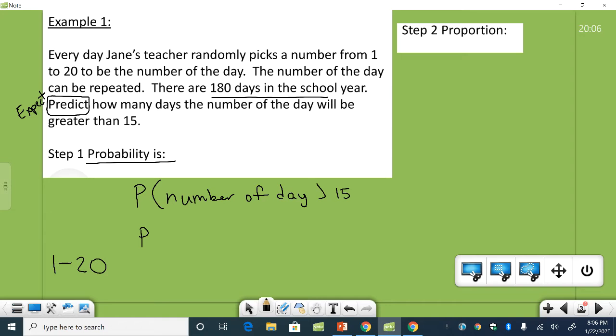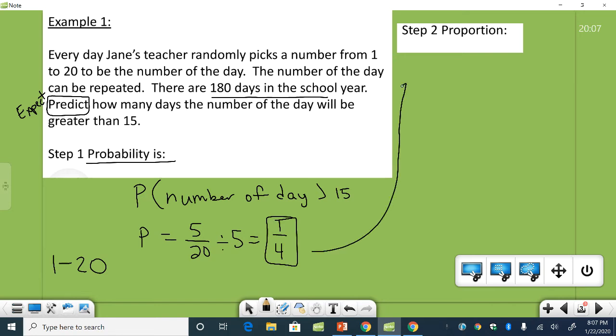So the probability is 4 out of 20. I'm sorry, not four. There's five numbers. 5 out of 20. And when you divide and simplify, you'll get 1/4. So you found your probability.